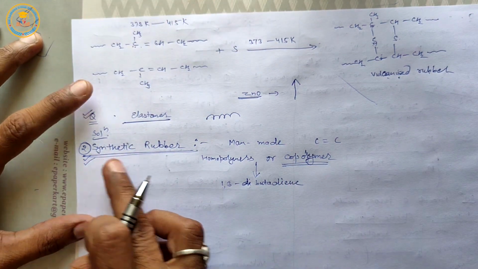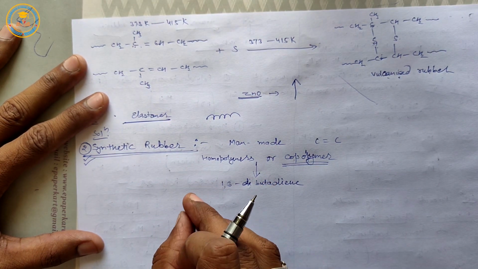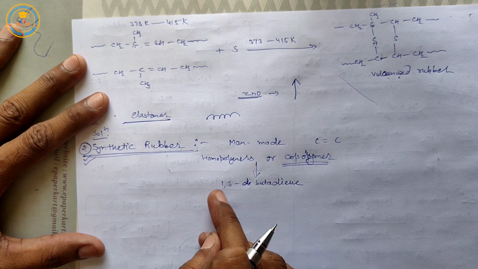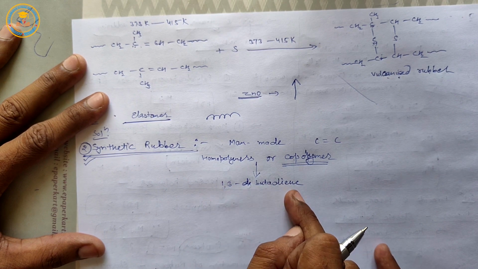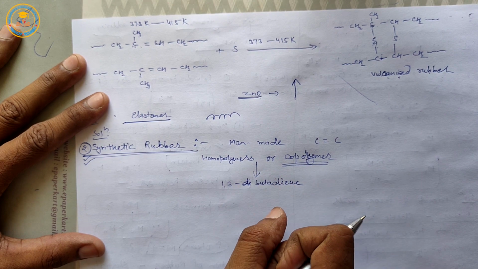In synthetic rubber, monomer units are mainly 1,3-butadiene or its derivative with another unsaturated compound.